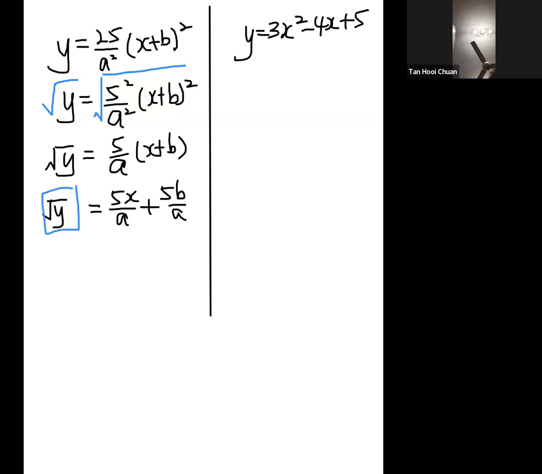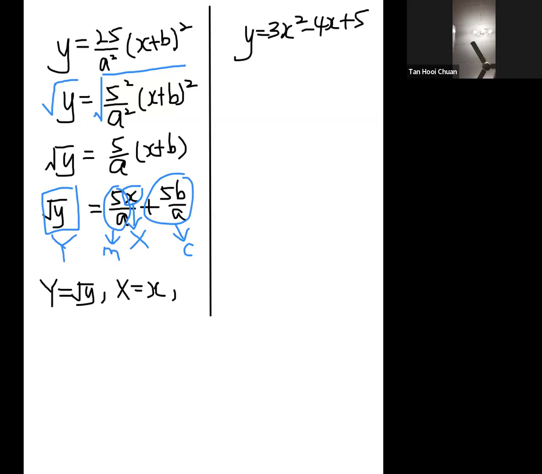Here is grade Y. There is grade X. And this one actually is the M. That one is the C. Okay, so of course you don't need to circle like me. You just need to write down below here. This is grade Y. There's grade X. This is your M. There is your C.